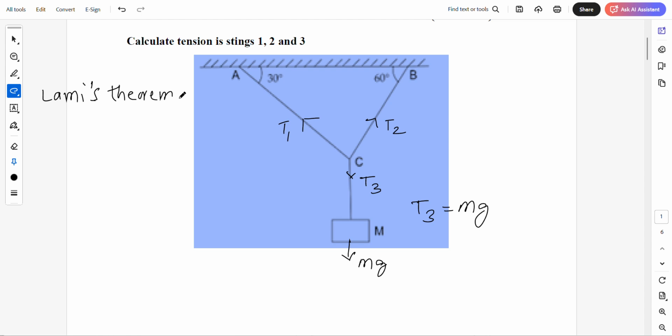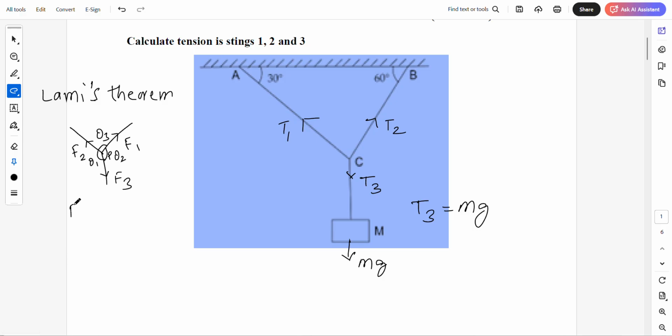When three concurrent forces are acting at a point such that the particle is in equilibrium, for example, if these are the three forces which are acting like this, F1, F2 and F3, at this point P. Let us say this is theta 1, this is theta 2, this is theta 3.